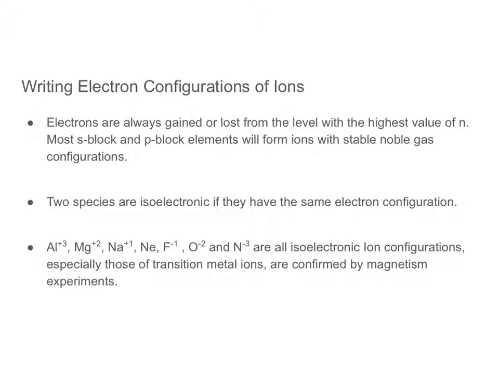Now, when we write electron configurations for ions, one thing we have to remember is that when electrons are lost, the ion becomes positive, so it's a cation.